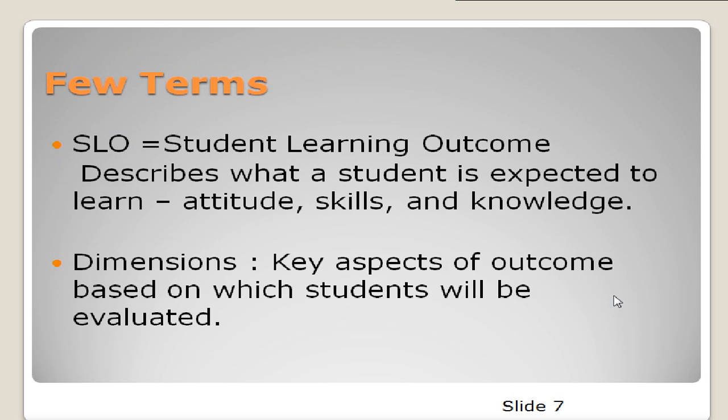Okay, and then we'll come to the first term, that is student learning outcome. It describes what a student is expected to learn and demonstrate, which includes attitude, skill, and knowledge. The second term we define is dimensions. Dimensions are key aspects of the outcome based on which students will be evaluated.